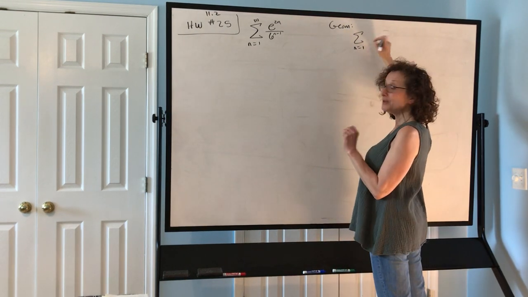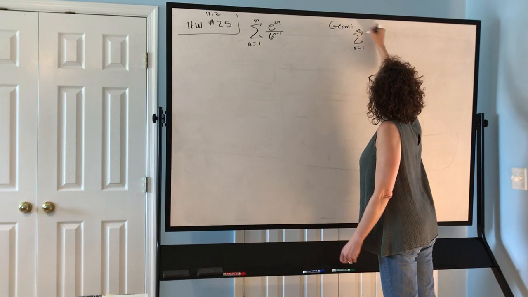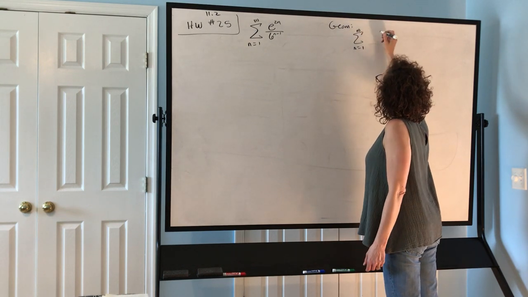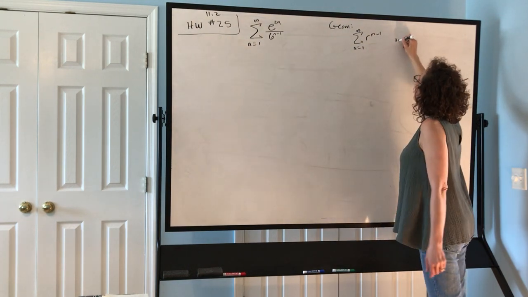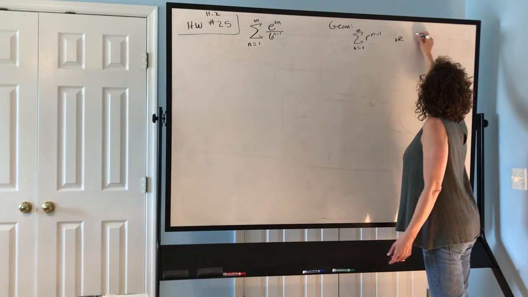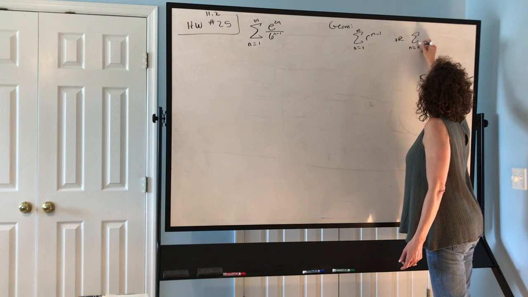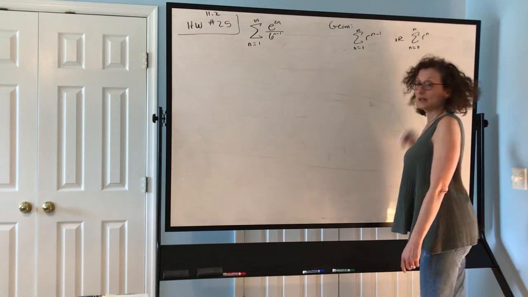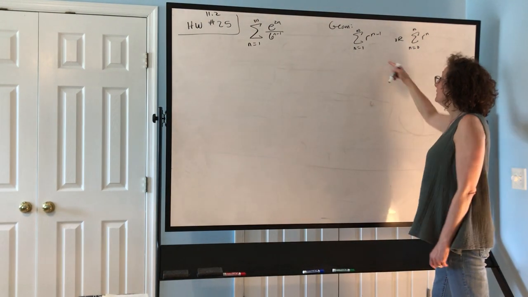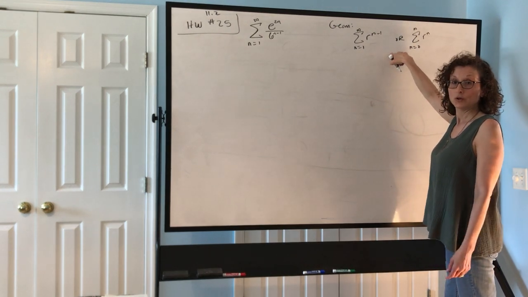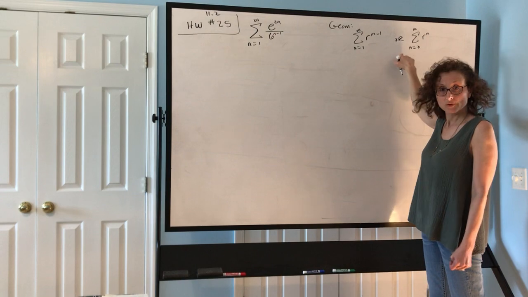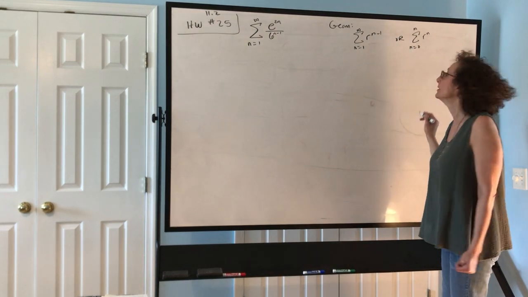If we're going to actually use the addition formula, sum n equals 1 to infinity of r to the n minus 1, right? Or, as we said, it's equivalent to the sum n equals 0 to infinity of r to the n, okay? Now, it has to look like one of these two guys in order for, if we have convergence, for it to equal 1 over 1 minus r.